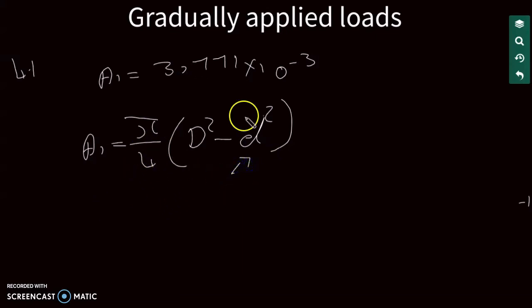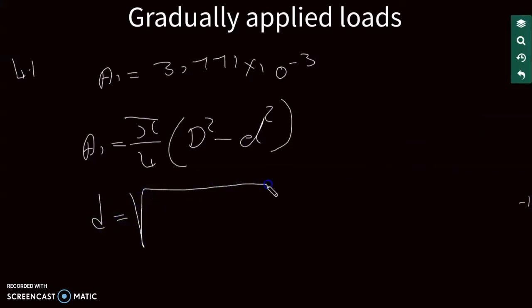We're looking for this, so we are going to make it the subject of the formula. We're going to end up with something like this: D is equal to the square root of D squared minus area times 4 divided by pi.